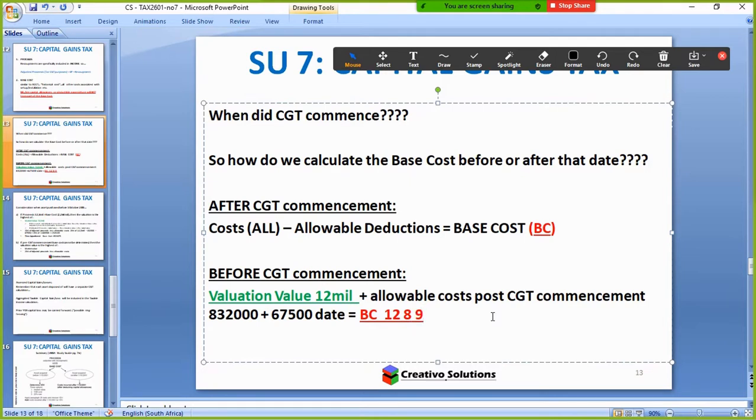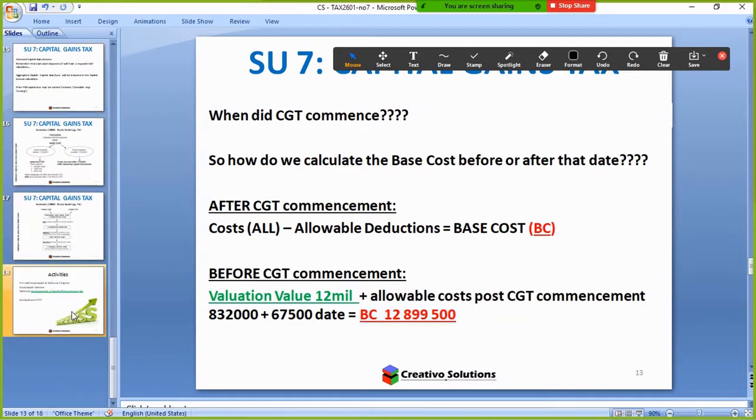Is that right? Yes, it is right. 6 plus 3 is 9, and then 7 plus 2 is 9, and then 500. That should be it. Okay, that's the base cost. Do you see that? Yes. Okay, so now that I have the base cost, this 12,899 is going to go here.